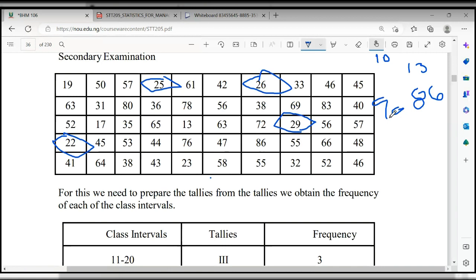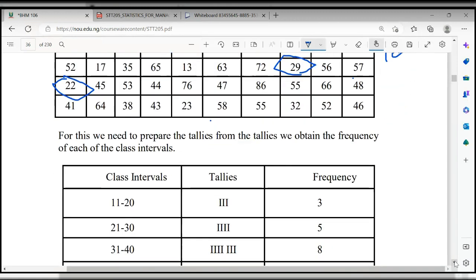That is what they did here, and they used 10. I can use 10 to 19 as a class interval, then 20 to 29 and so on. But I can also do it the way they did, 11 to 20 and so on. It's still 10 units between the two of them.